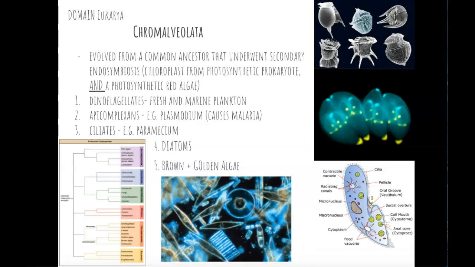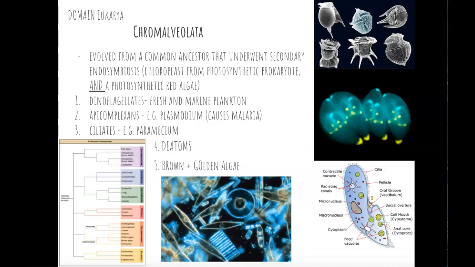The next group within this are the apicomplexans. These are Plasmodium. Plasmodium is a single-celled eukaryote that causes malaria. There are ciliates, which are paramecium. We talked about paramecium and that they used phagocytosis to take in cyanobacteria and have an endosymbiotic relationship with them. We also consider diatoms to be part of this group.